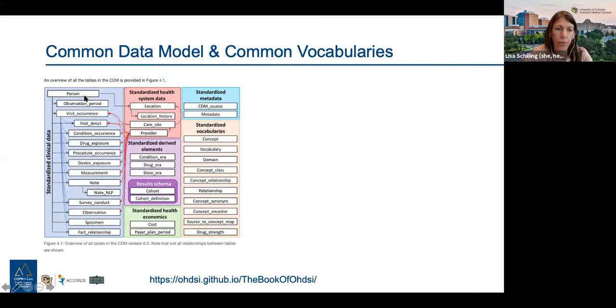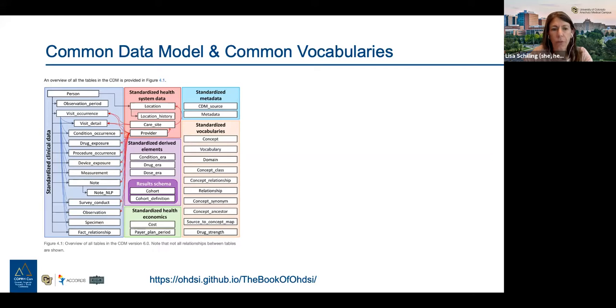So you can see that it's person-centric and that we can store information about observations, about visits, about conditions or diagnoses, drugs, procedures, devices, measurements, which you can think of as similar to labs. So anything that you can measure and really get a number value or an absent present, notes, surveys, and other information. Also, if we look at the middle column, you can see there's information about the health system, right? Because we do want to know information about providers, sites of care.